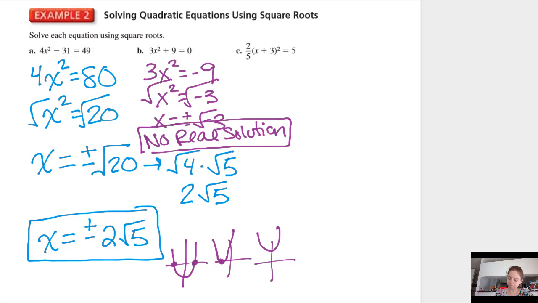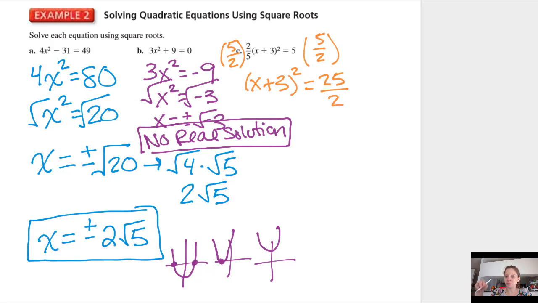Now C. We need to isolate the squared binomial. So I'm going to get rid of this 2/5 by multiplying both sides by 5/2. And then I have x plus 3 squared equals 25/2.